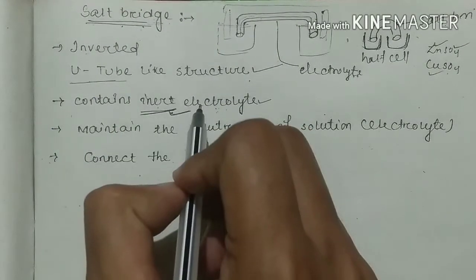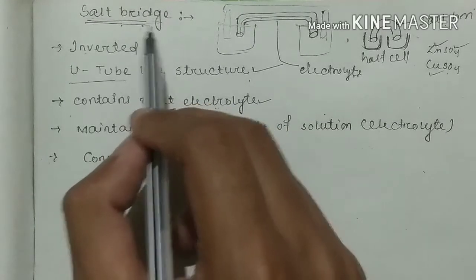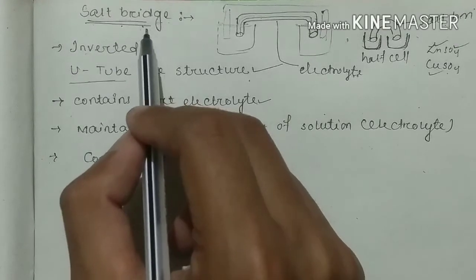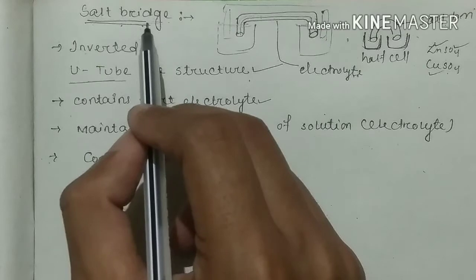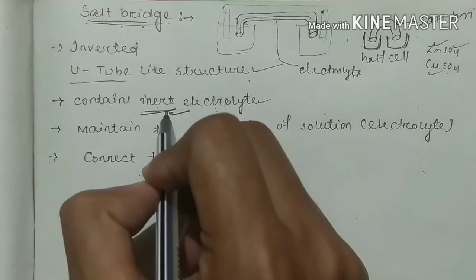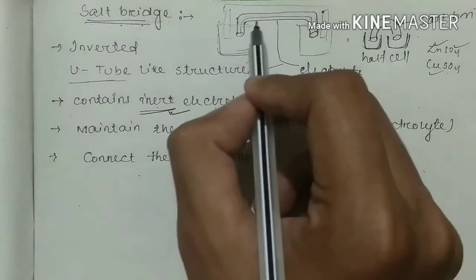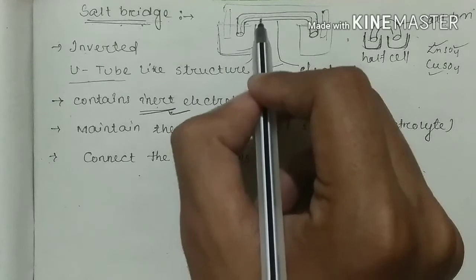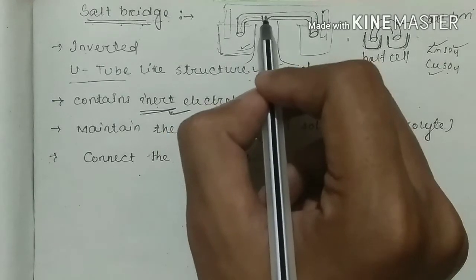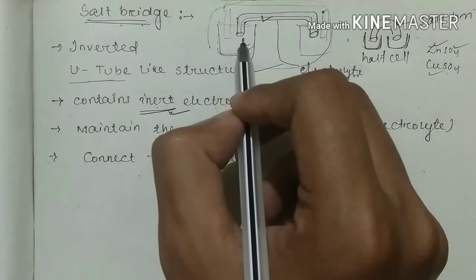So the electrolyte present in the salt bridge contains different ions. Why is this so? Because if the salt bridge contains an electrolyte which has the same ions as the half cell, then the electrolyte of the half cell and the salt bridge will react, so the device will not work properly.